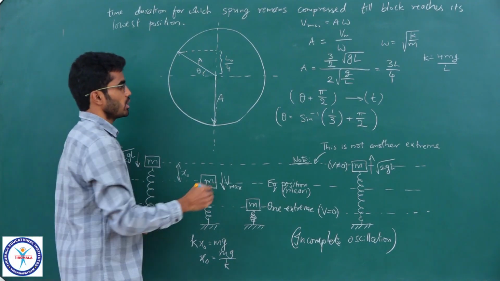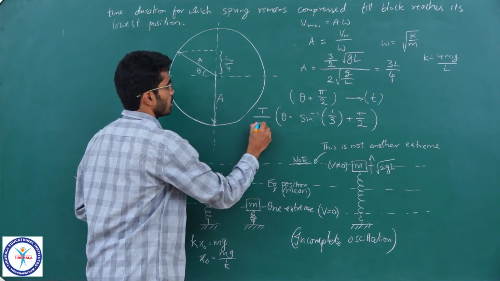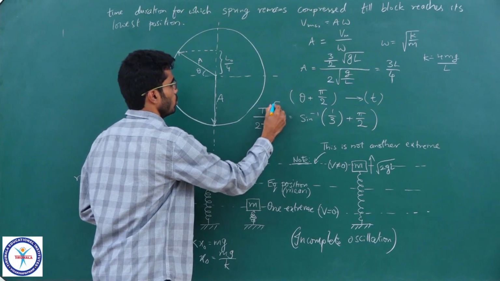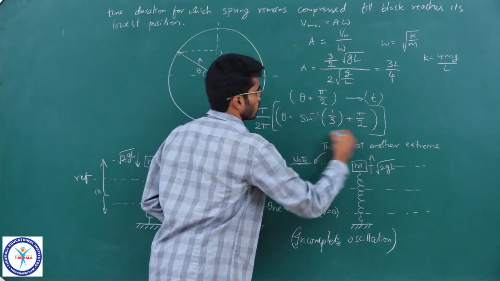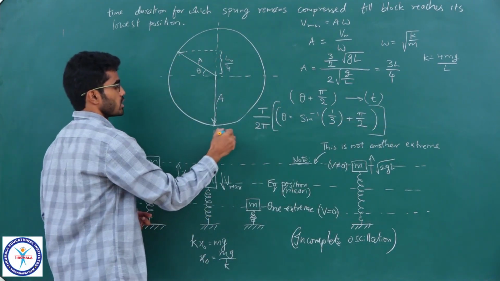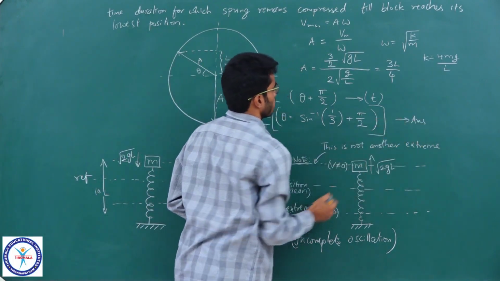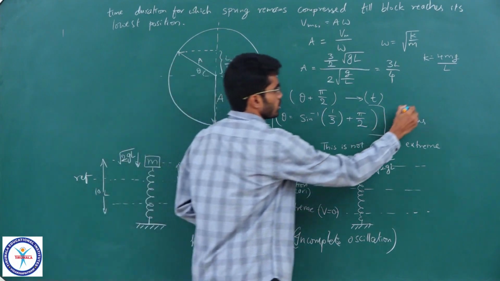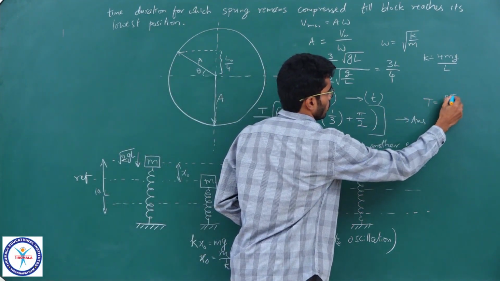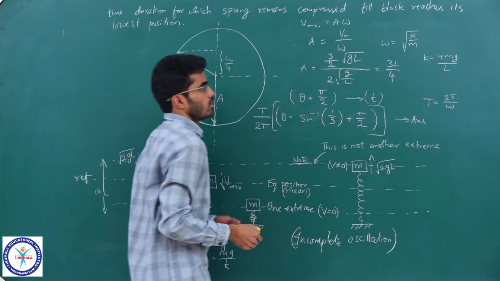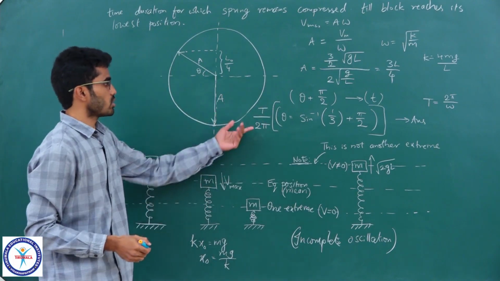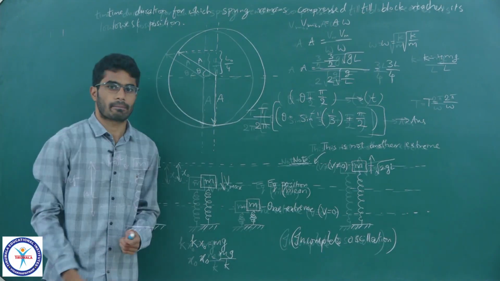So, the time will be time period by 2 pi into this value. So, this is the answer for our problem, and the time period is 2 pi by omega. We already calculated omega, you can substitute for omega here.